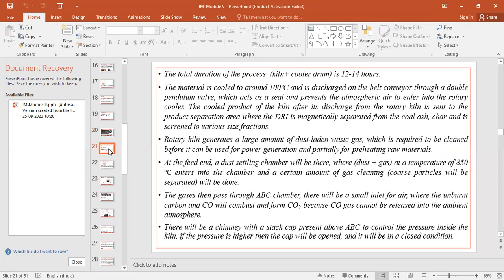The material that is cooled in this cooler drum has a temperature of around 100 degrees centigrade, and at this stage we can easily carry this DRI and transport it to the storage yard and elsewhere through conveyor belts.